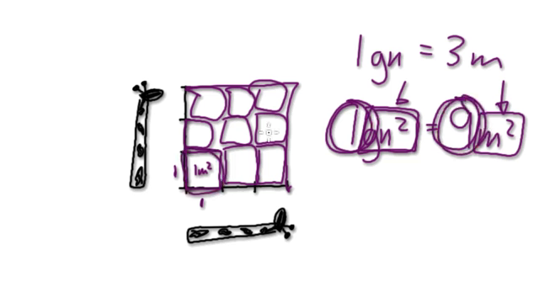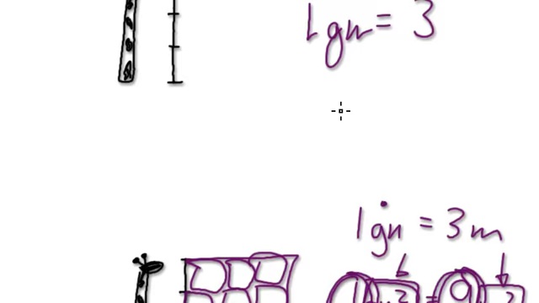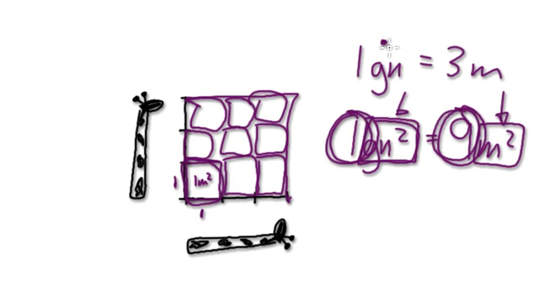I guess you just have to accept it. I know it seems a bit strange. When you're looking at just the length, 1 giraffe neck equals 3 meters, so you have to times it by 3.